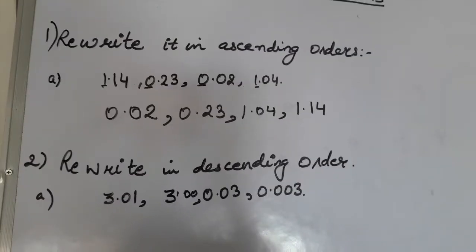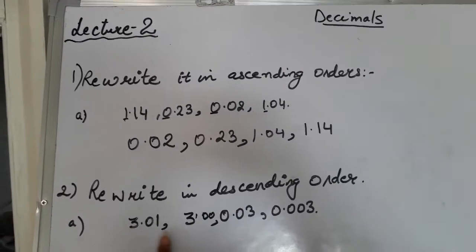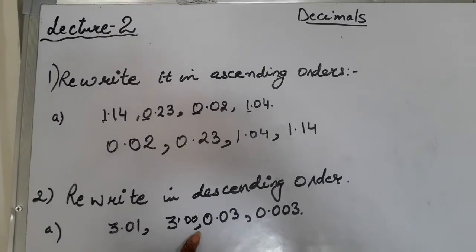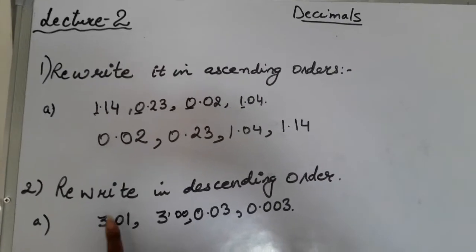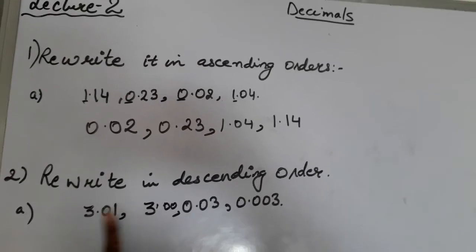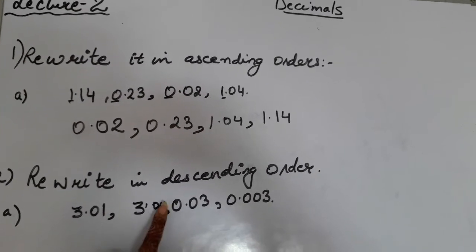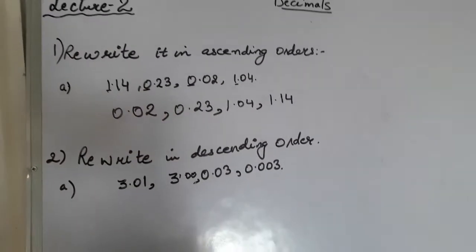Then I have 3.01 and 3.00. So the whole number part is the same. Again, after the decimal there is 0 here and 0 here, and then it is 1 here and 0 here. So which is the biggest decimal number then?